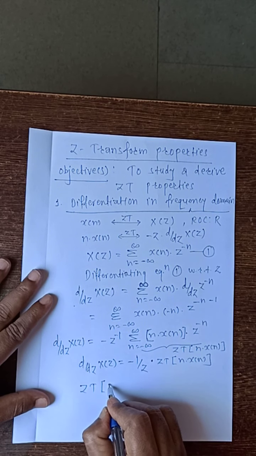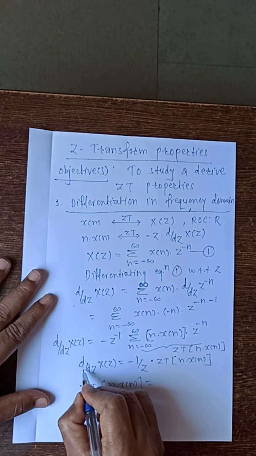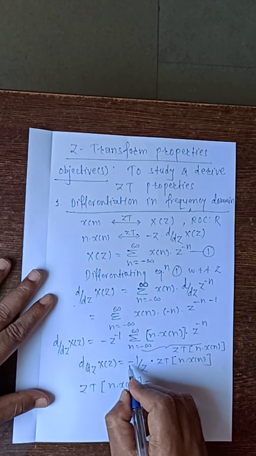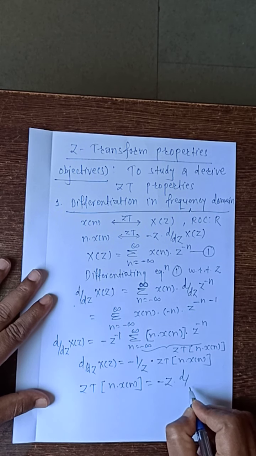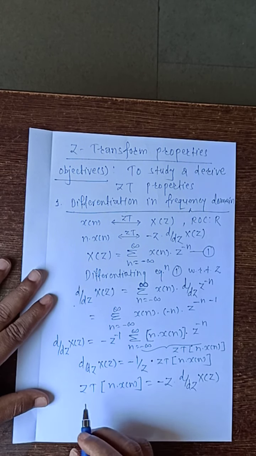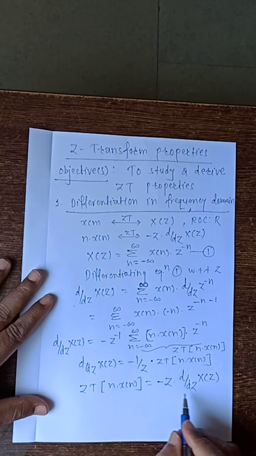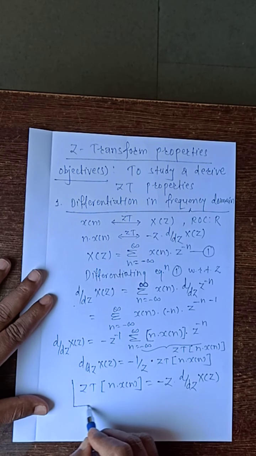Z transform of n into x[n] is equal to minus z d by dz of X(z). So Z transform of n into x[n] is equal to its differentiation in the frequency domain.